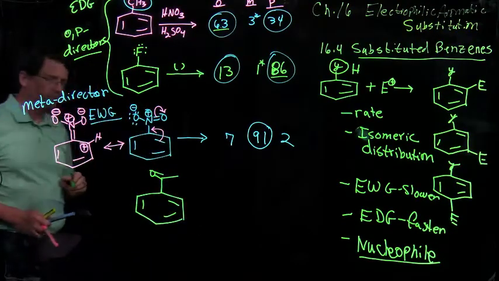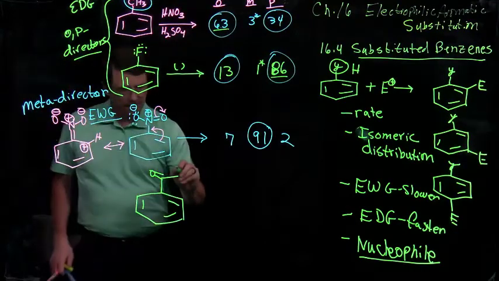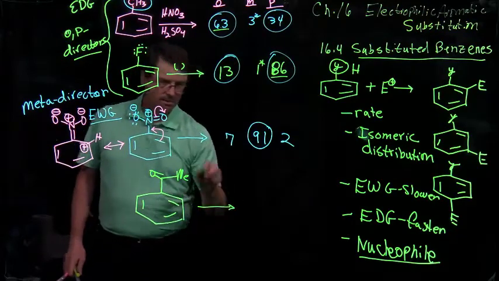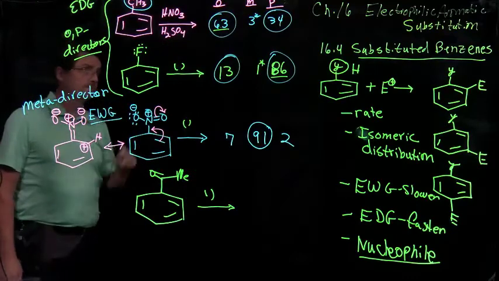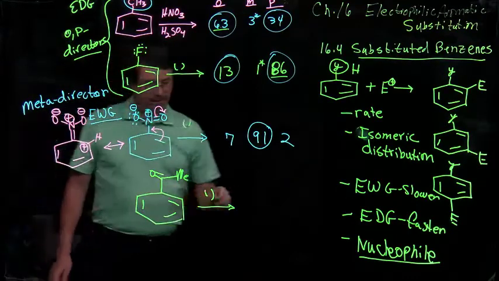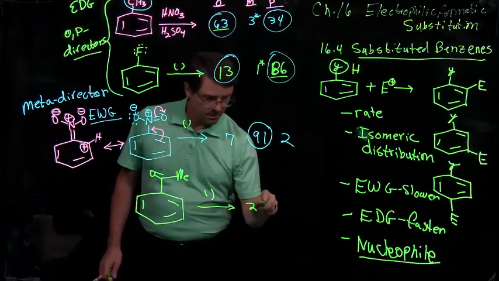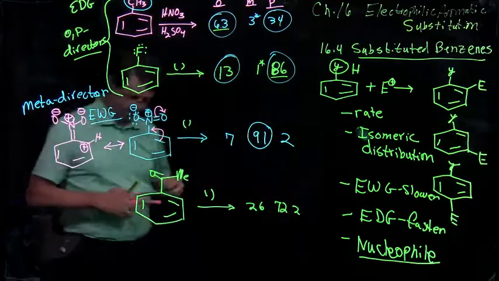A carbonyl group. This is acetophenone, this compound where we have a methyl group here. And again, under the conditions, and again, we're bringing down these nitration conditions. The distribution here is 26, 72 to 2.